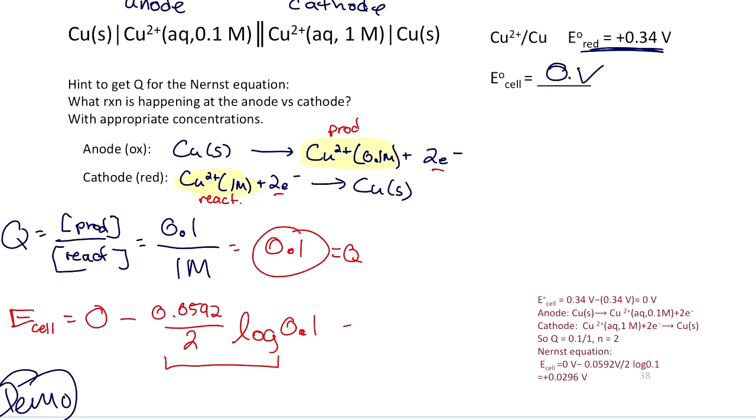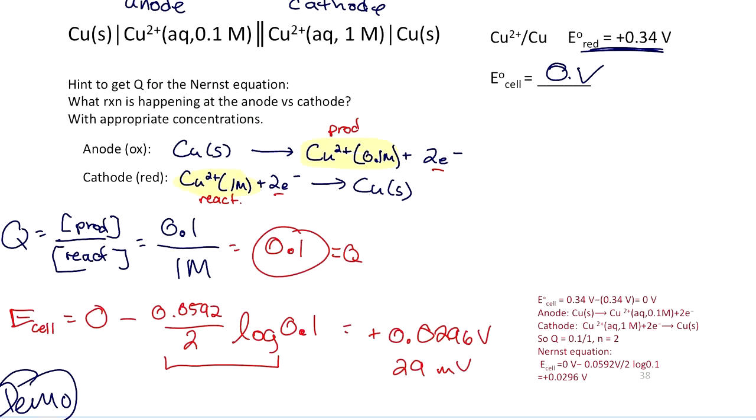When you calculate this whole term, you get a positive 0.0296 volts. Or you can think of it as 29 millivolts or 30 millivolts is what you get. So you get a little bit of potential just from having a concentration difference.